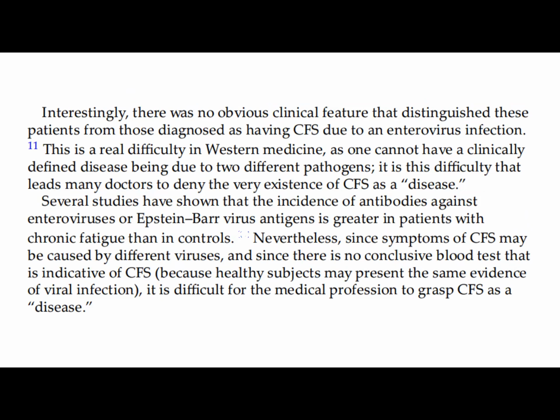Several studies have shown that the incidence of antibodies against enteroviruses or Epstein-Barr virus antigens is greater in patients with chronic fatigue than in controls. Nevertheless, symptoms of CFS may be caused by different viruses, and since there is no conclusive blood test that is indicative of CFS, because healthy subjects may present the same evidence of viral infection, it is difficult for the medical profession to grasp CFS as a disease.